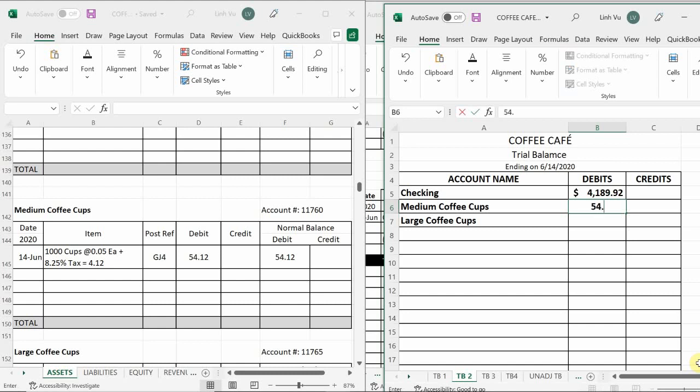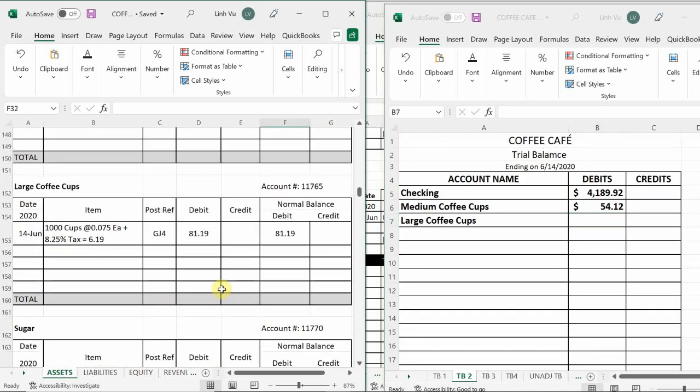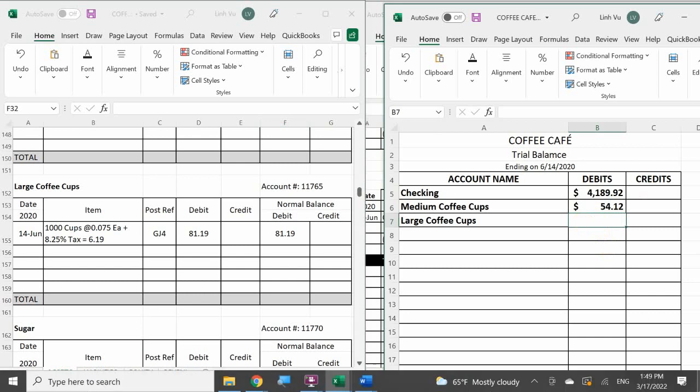We have $54.12 of medium cups. Okay. What about large cups? We have $81.19 of large cups.